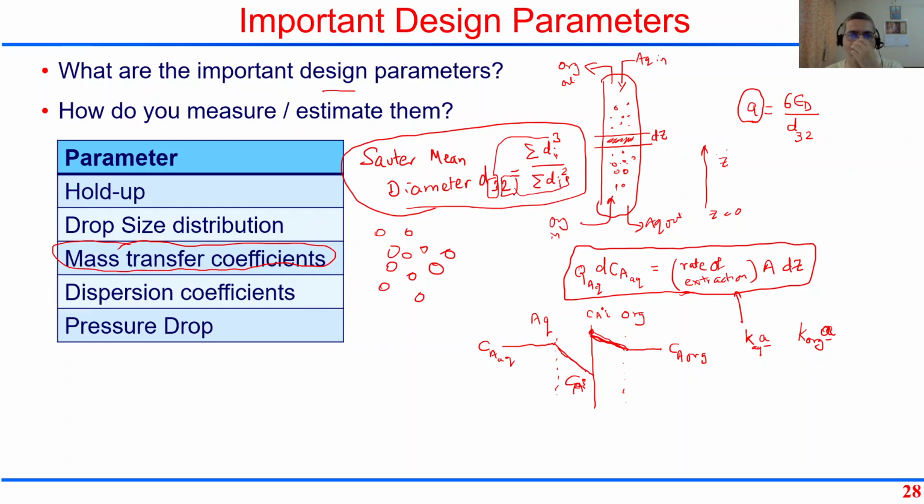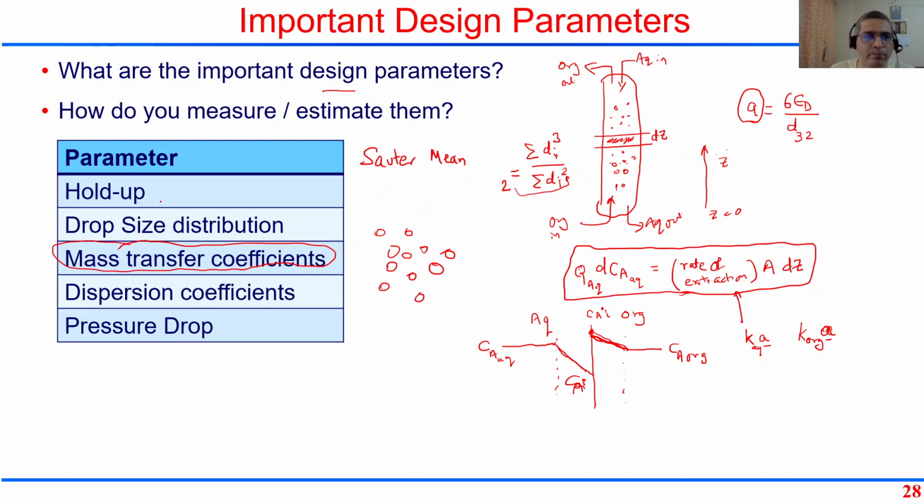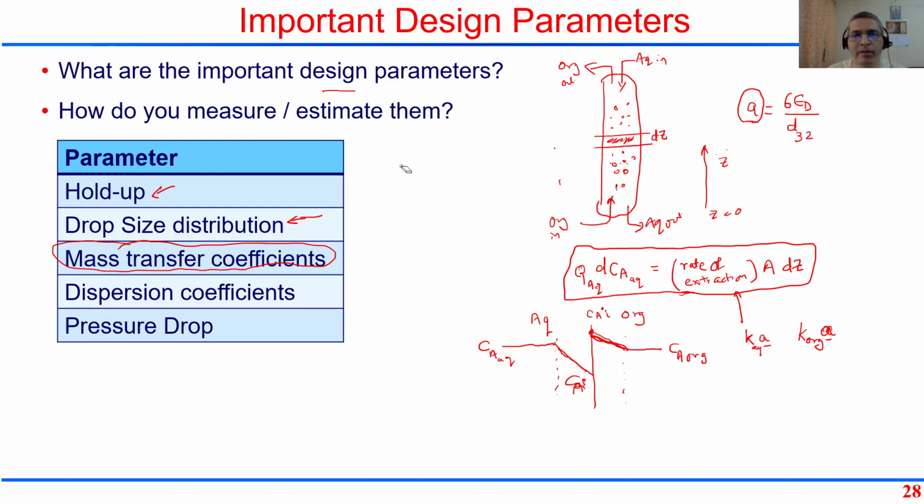So area and volume. So we need to not only know the hold up, we also need to know the drop size distribution so that we can calculate the Sauter mean diameter.